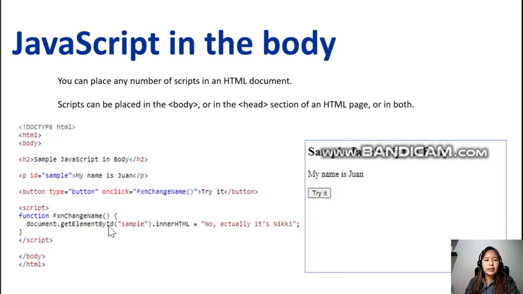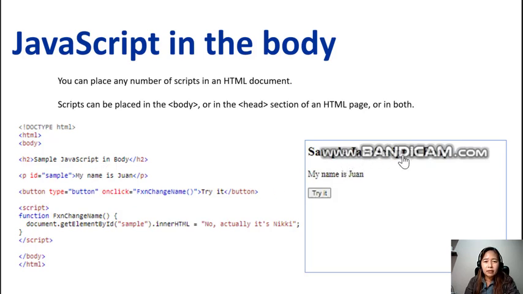You have a placeholder, which is a paragraph, identified as sample. Initially, the value is "my name is 1", so it displays that on your screen right after the heading, which is "sample JavaScript in body".